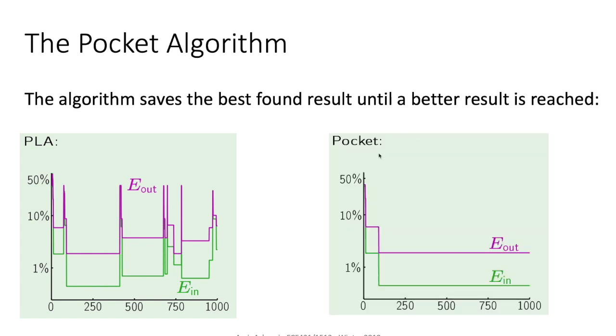And the pocket algorithm saves the point that had the lowest in-sample error found at a time. And since we didn't find any better points, it stayed there up to the last iteration. Thus, after a certain point, we won't go back to a worse place.